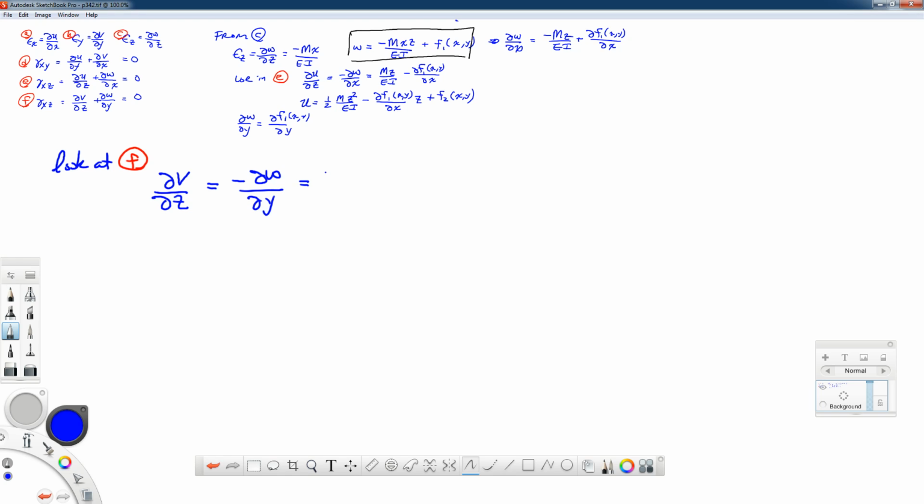And we just found that, so that's equal to minus the partial derivative of f1 with respect to y. So now we can integrate that. When we integrate with respect to z, v is equal to minus the partial derivative of f1, which is a function of x and y, with respect to y, times z, plus potentially a function of x and y.